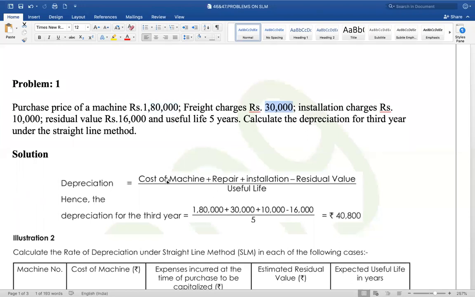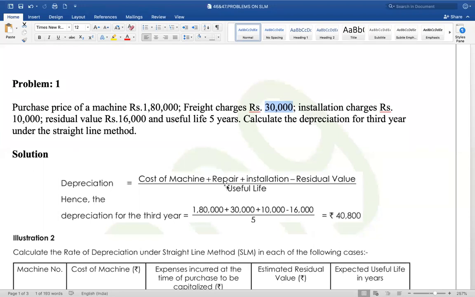Now it is not just the cost of the machine, but all the expenses till the machine is made to operate. All those expenses are included in the value of the machine. It is not just the amount that you are paying to the vendor, but all the incidental expenses also are included.